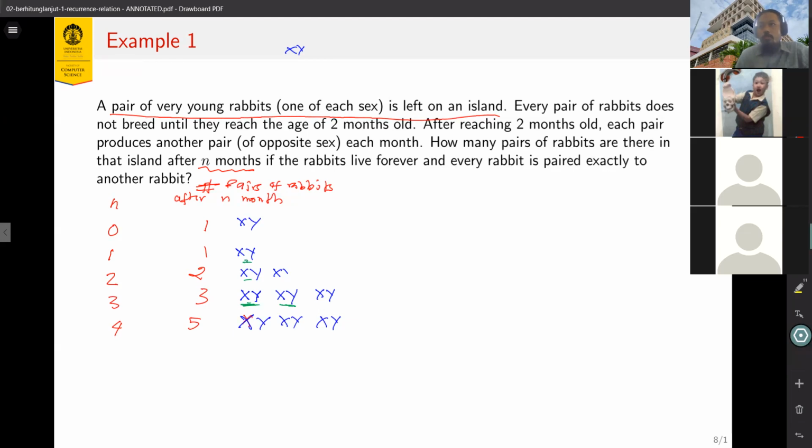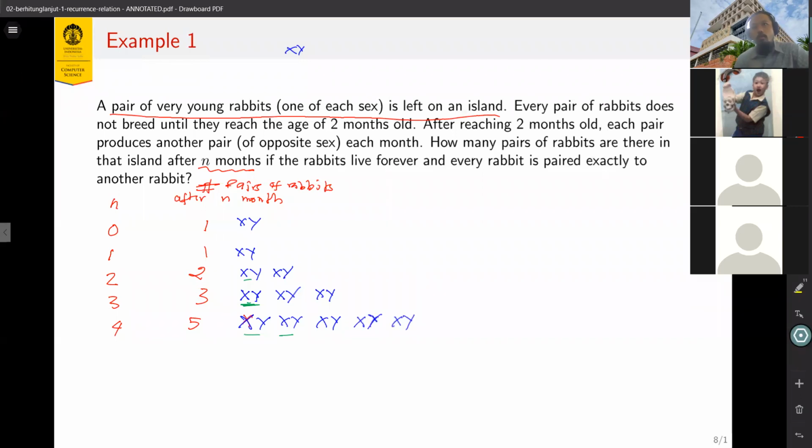So this one and this one, and now this one is also 2 months old. This one is not yet 2 months old. So each of these pairs produces another pair.